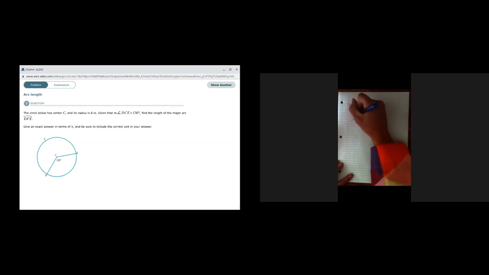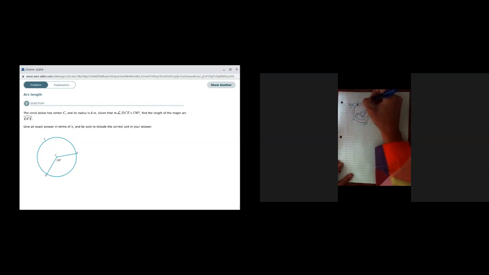It says the radius is 4 meters. It says the central angle DCE is 130 degrees. So that means we know that the arc on the outside, that minor arc, is 130 degrees. Find the length of the major arc DFE.